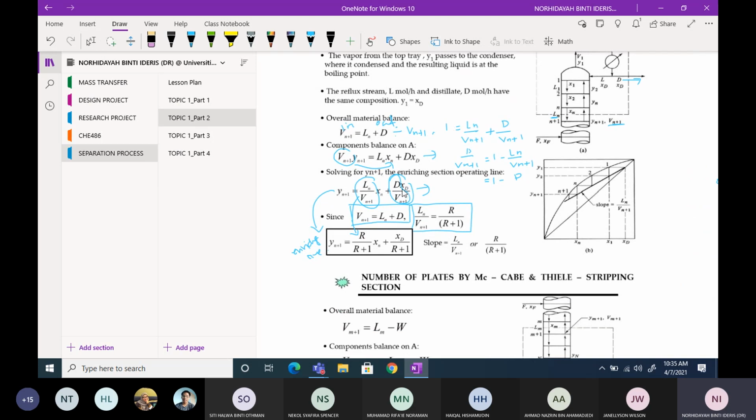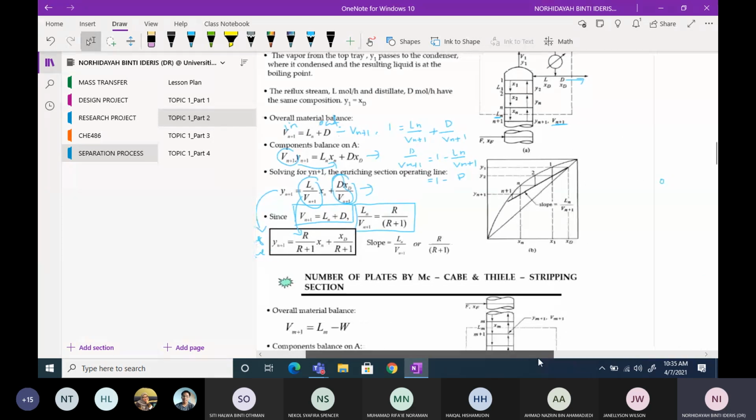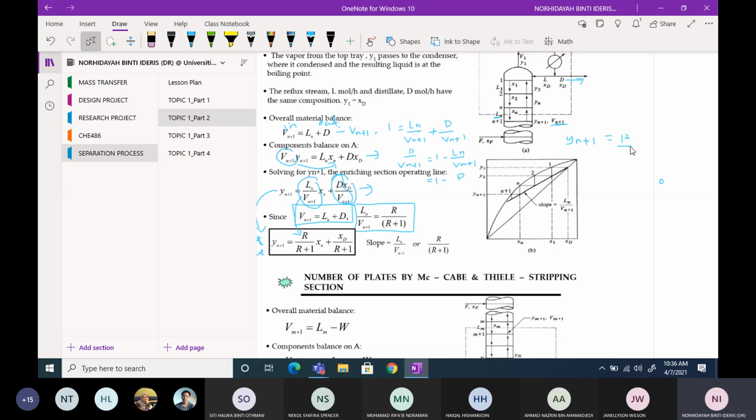All right, so let's do it again. Right now Yn plus 1 is equal to R over R plus 1 Xn, plus 1 minus Ln over Vn plus 1 Xd.